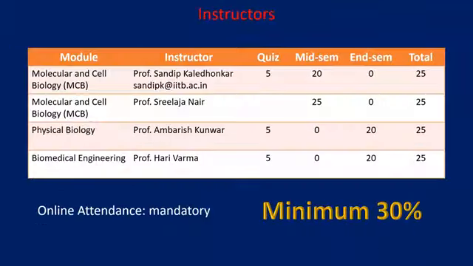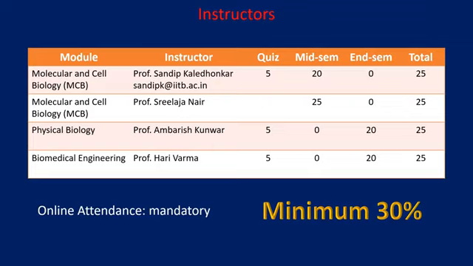Coming to the exam, for my module there are 6 lectures. Considering today's lecture, I will have 5 more lectures, and there will be one quiz with a weightage of 5 marks, and in the mid-sem I will have a weightage of 20 marks.